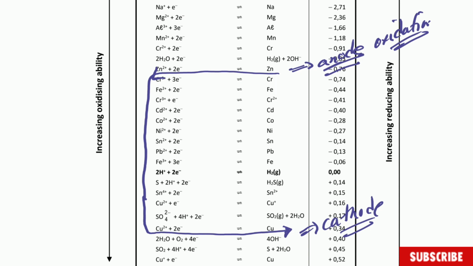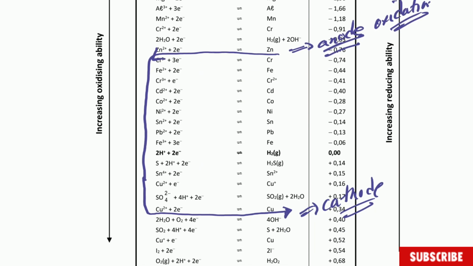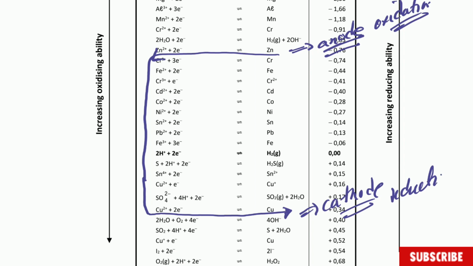The one that is on top will be most likely to be oxidized. In this table, we're using table B, please, and then this one is reduction. Okay, so in saying that, if you have to write the half reaction for oxidation, you write the reaction in that direction, and the reduction you write in the other direction.